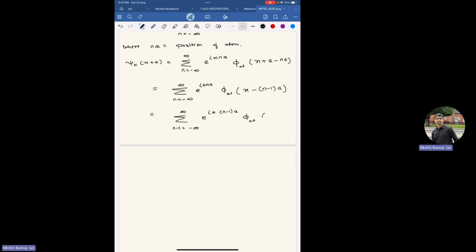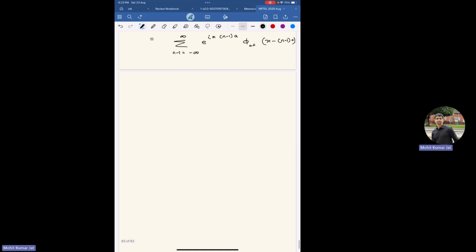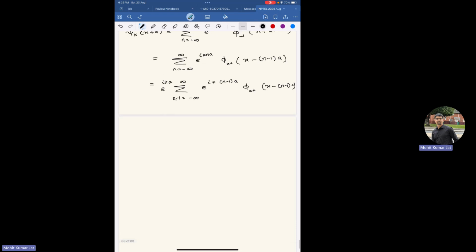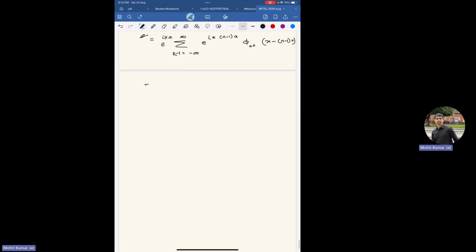You can replace phi atomic, and if you replace n minus 1 with this thing, it will be (n minus 1) a, right? So what essentially happens is n minus 1 goes from minus infinity to infinity, and you can bring your e to the power i k a outside. You can multiply and divide. If you just do this mathematics, this equation and this equation are the same.